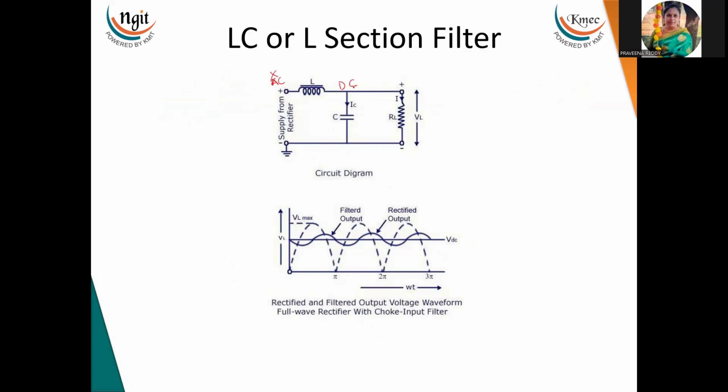If any AC component is still present, that AC is grounded through the capacitor, and DC is allowed at the load. So here we get pure DC at the output. To improve this further, we have to increase the inductor value or capacitor value.